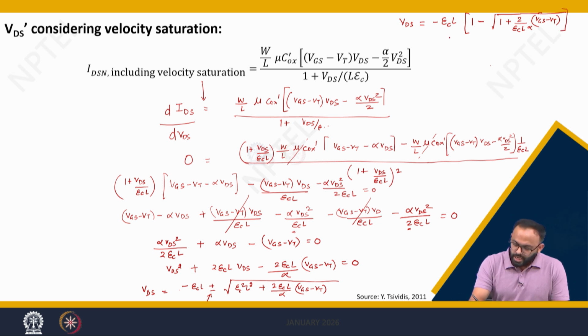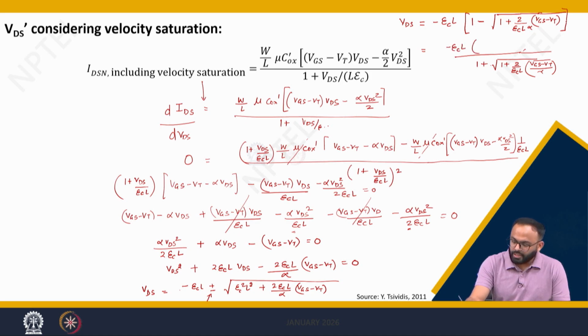We can use a rationalization here, just multiply and divide by a factor 1 plus square root of 1 plus 2 divided by EC into L into VGS minus VT divided by alpha, and in the numerator you will get minus EC into L.